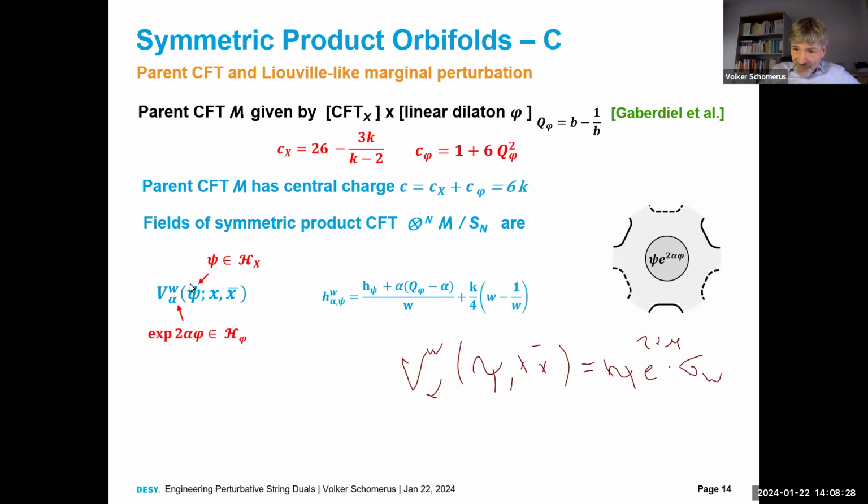These you take in the twisted sector, so you impose boundary conditions which enforce these fields to have periodicity when you go around this twist field W times. I erased that because it looked so ugly, but I hope it is clear.